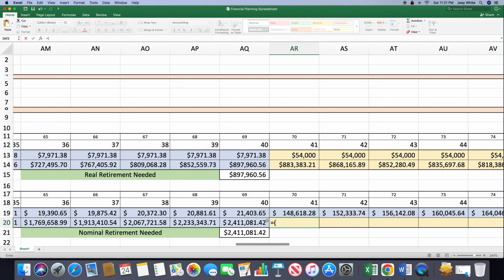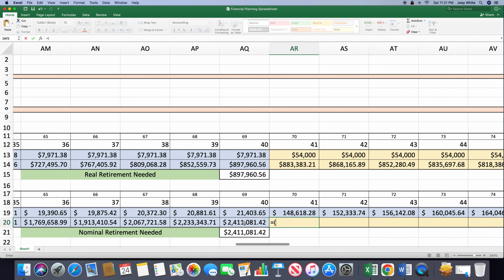So basically we'll do this, equal sign, our wealth times 1 plus the nominal interest rate, so that's, again, C1, so we want to do $C$1, close parentheses, and then, of course, we want to subtract the nominal withdrawal, and that should mean after the first year of retirement, we should have a total wealth of $2,431,238.83.